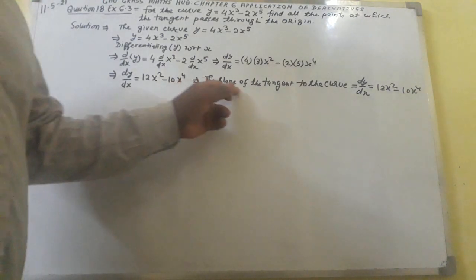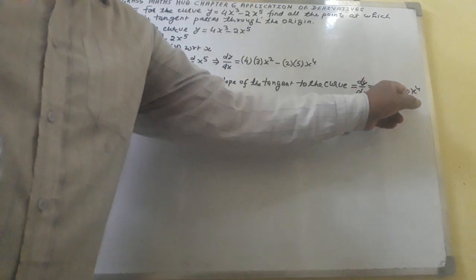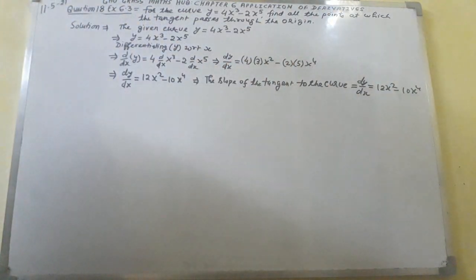Here we have got the slope of the tangent to the curve, dy over dx equal to 12x square minus 10x raised to the power 4.